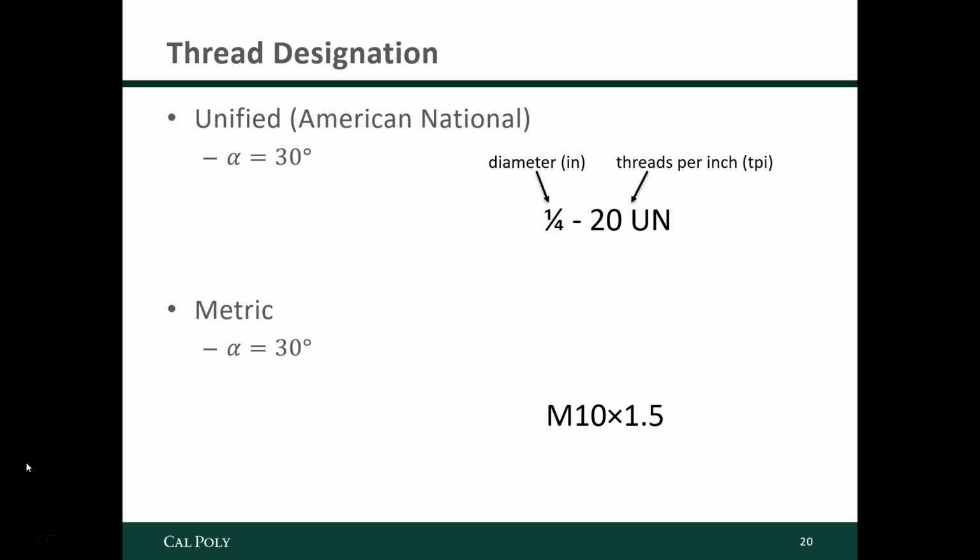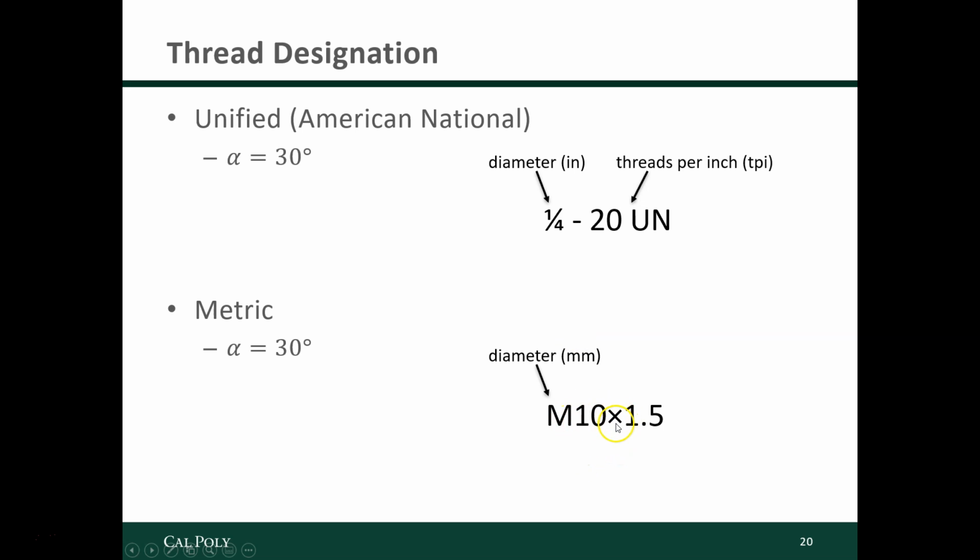Now for the metric series of threads, we have an M that's indicating that it's metric, and then it indicates the diameter in millimeters. And this M is important here because sometimes this number here is not a diameter, sometimes it's a gauge number. If this didn't have an M here, you might think that it was a unified thread that was gauge 10, but the M tells us it is a metric thread.